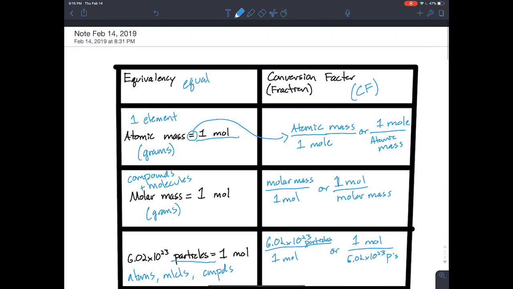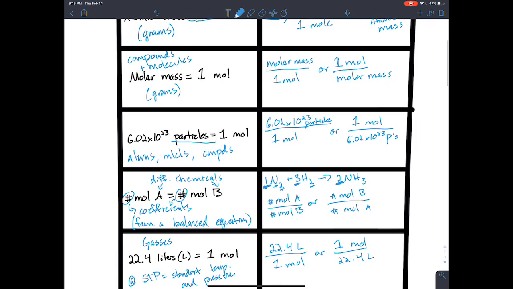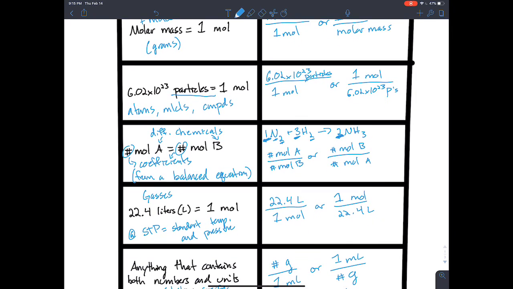Okay, so that's the chart. It's talking about how you can use things that you know equal each other. You know that you have a certain amount of grams per mole. You know that you have a certain amount of particles per mole, Avogadro's number.